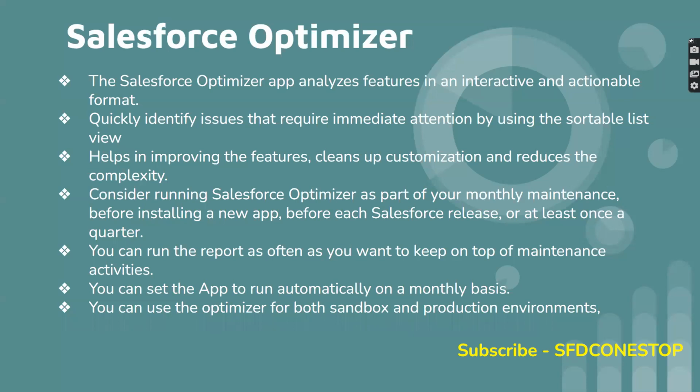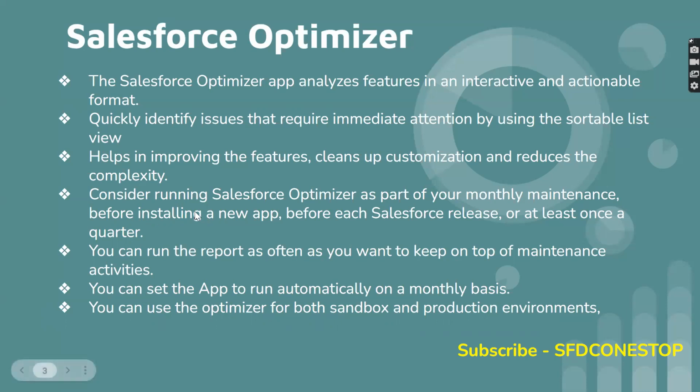So as it says here, the Salesforce Optimizer application analyzes the features in an interactive and actionable format. Quickly identify the issues that require immediate attention by using the sortable list view. Salesforce Optimizer also helps in improving the features. If you have done any kind of customizations in your organization, it helps us to clean up the customization and reduces the complexity.